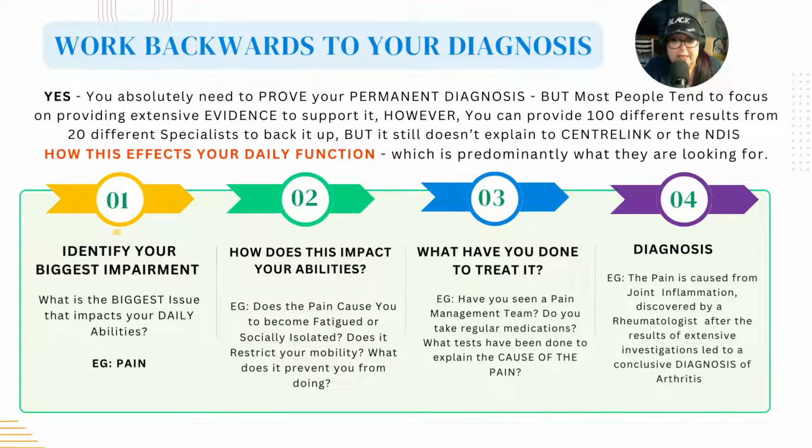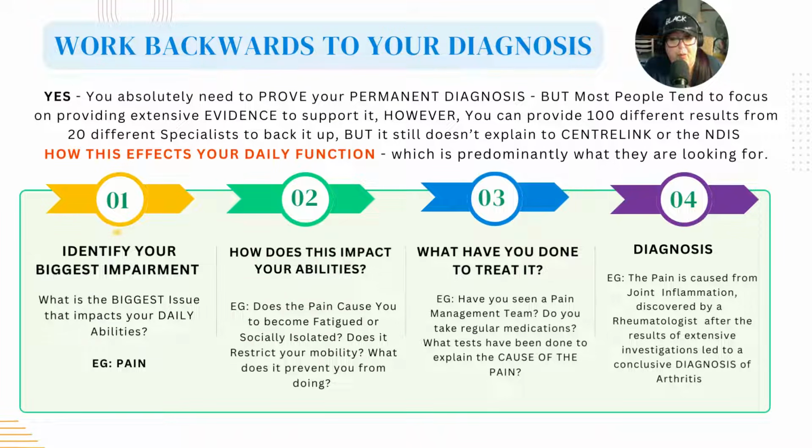Has it made any difference? And then what have you done to explain the cause of the pain? What investigations have you had done to investigate the reason behind the pain? And then that leads you on to confirming your diagnosis.